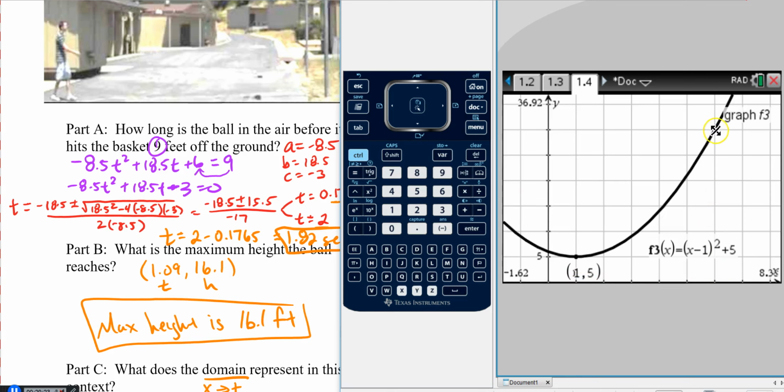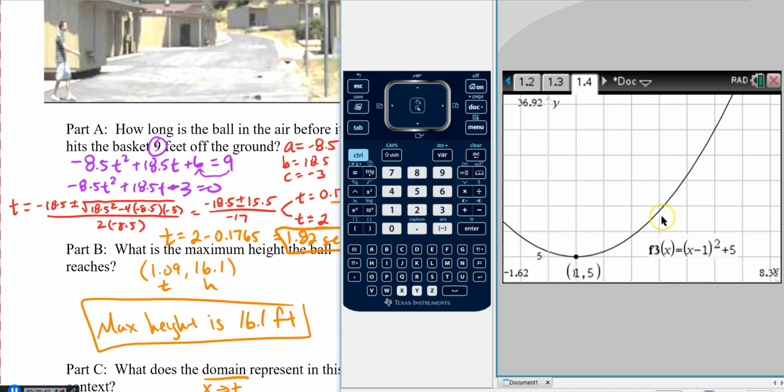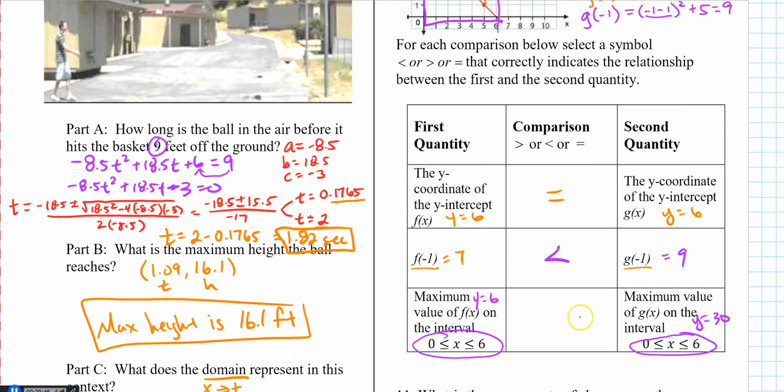Well, that output right there, it looks like this graph is kind of a 5, 10, 15, 20, 25, 30. When x is 6, y is 30. That's my maximum value. And I know it was my maximum because when I look at the graph, everything else is smaller than that on either side. So comparing 6 to 30, 30 is bigger than 6.